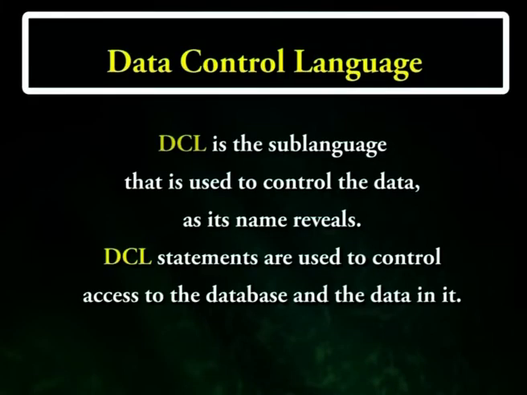So, next we move to the third sublanguage of SQL, named Data Control Language, or DCL in short. DCL is the sublanguage that is used to control the data, as its name reveals. DCL statements are used to control access to the database and the data in it.